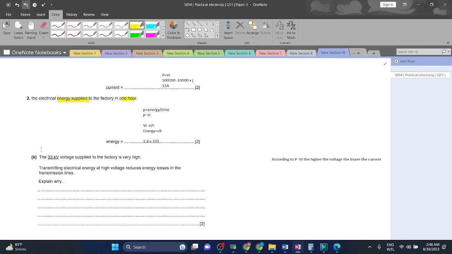Transmitting electrical energy at higher voltage reduces energy losses in transmission lines, because higher voltage allows lower current, and when there is lower current, that means less energy is wasted as heat due to the resistance in the wire. This helps the electricity travel more efficiently over a long distance.